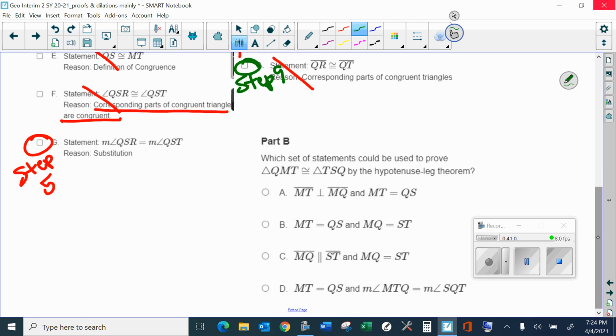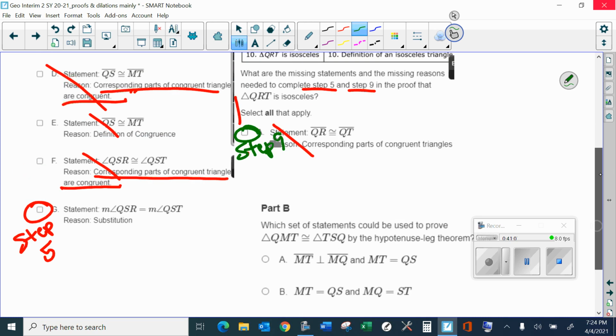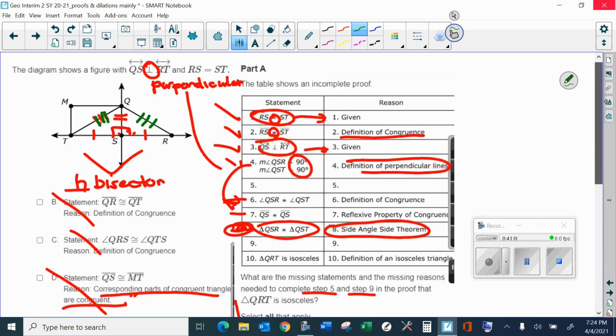Part B, which of the statements could be used to prove triangle QMT is congruent to TSQ, this triangle right here?